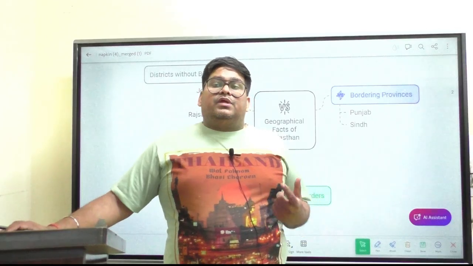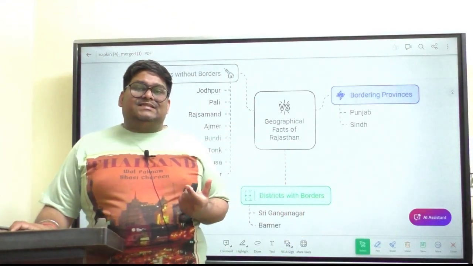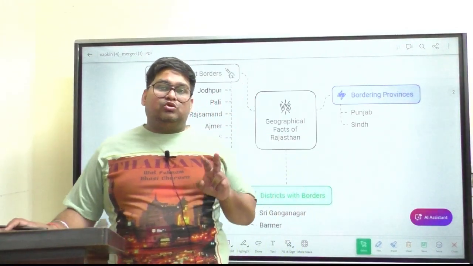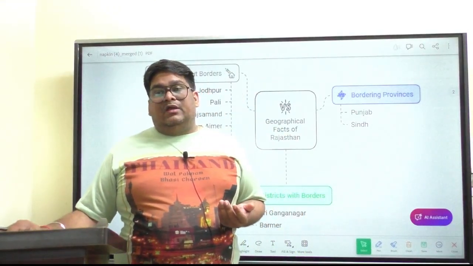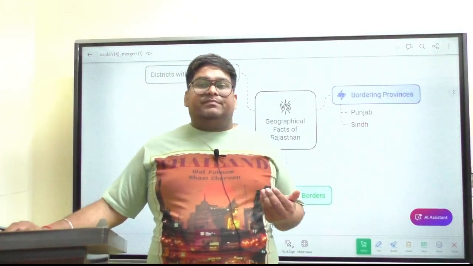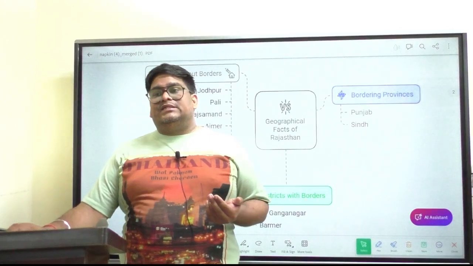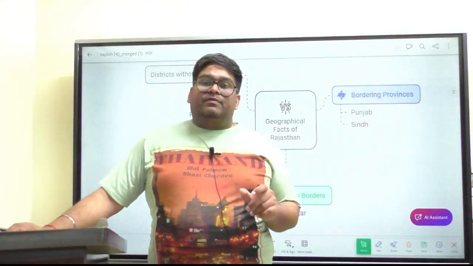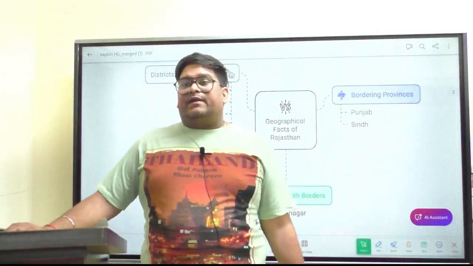when we talk about the international border, first of all, the Pakistan's Punjab and Sindh provinces, these are 2 provinces. I said in my previous slide that 9 districts of Pakistan basically touch Rajasthan. But when you talk about provinces, just like states in India, Punjab and Sindh province of Pakistan basically touch Rajasthan if you look into that map.